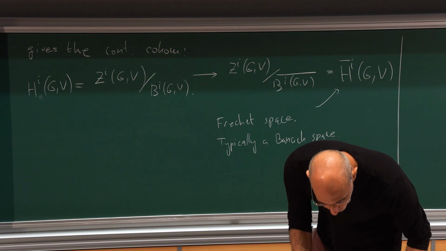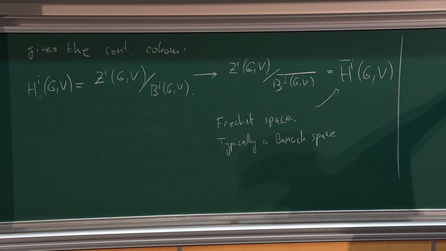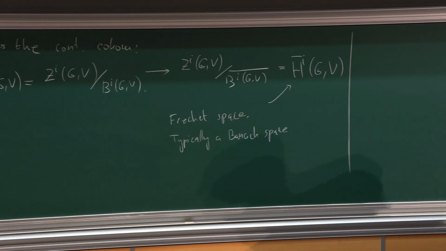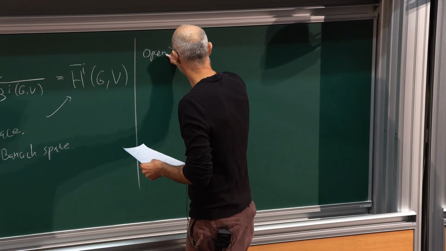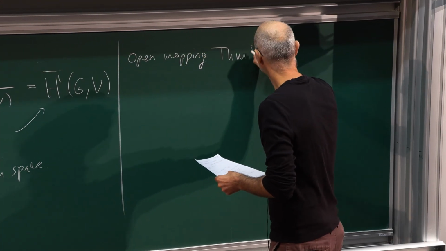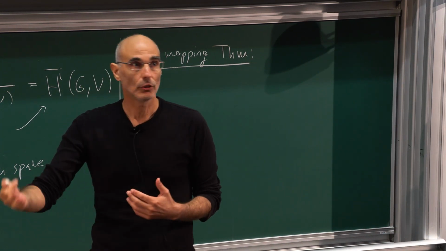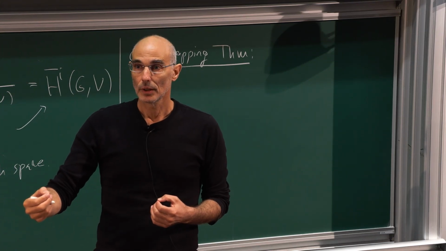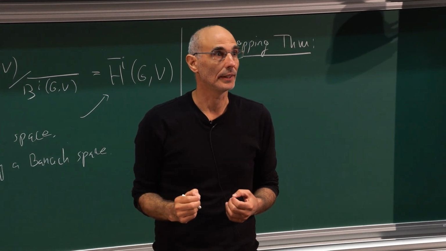This is the picture I want to convey, and now because we deal here with Fréchet spaces and continuous maps between those, a general tool that we have is the open mapping theorem. Which basically says that the image of a map is closed if and only if every element which is almost in the kernel is close to an element in the kernel.